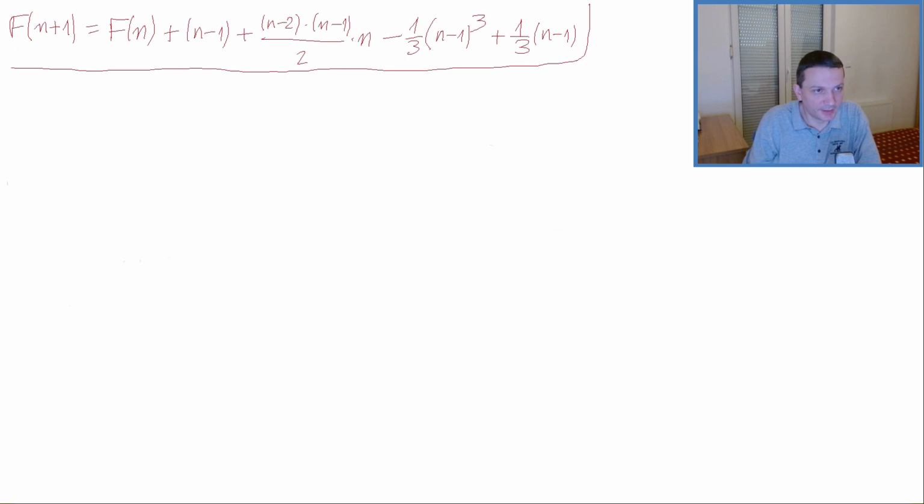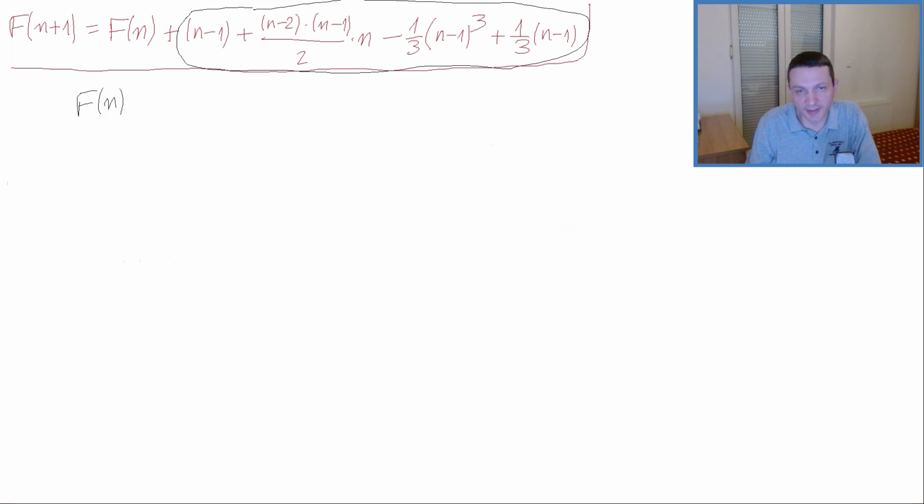I can now erase everything. I will now simply look at f of n as a polynomial of degree 4, because here is a polynomial of degree 3.